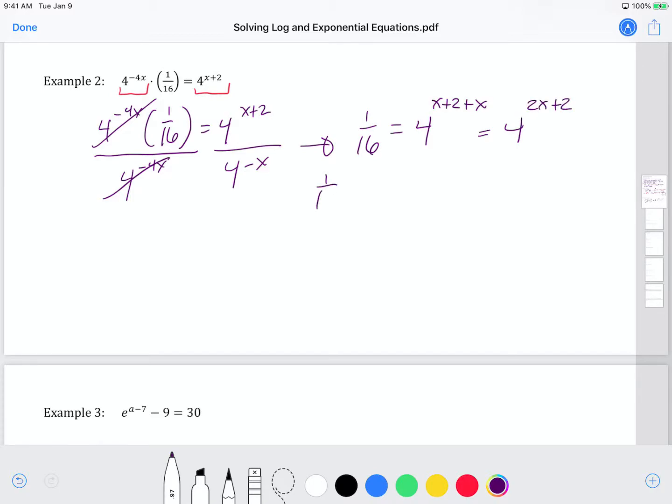So what I have so far right now is 1 over 16 is equal to 4 to the power of 2x plus 2. Now I've got that exponential isolated. That's the base that has the variable in the exponent. And once I do that, my next step is to put it in log form. This is exponential form.